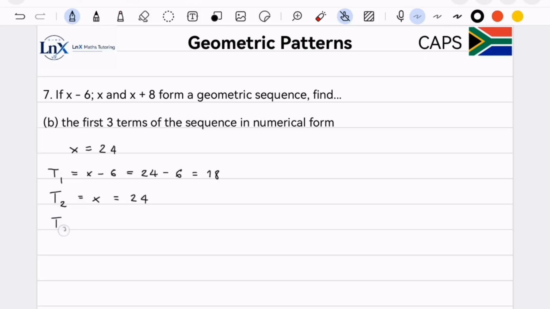And our third term equals x plus 8. So that will be 24 plus 8, which will give you 32, right? So the first three terms are 18, 24, and 32, and so on.